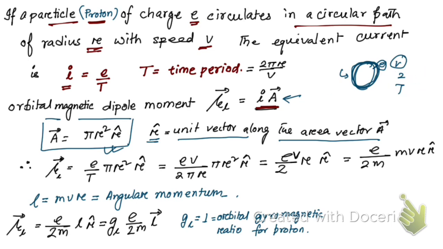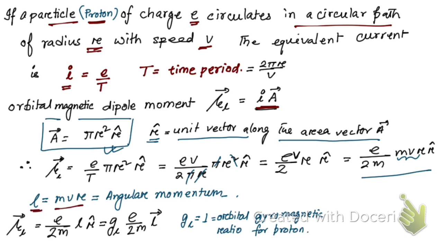Now if we simplify, pi cancels and r square gives r. Now let's multiply m with the numerator and denominator, and we get this result. So mvr is the angular momentum L, and the angular momentum vector is written as mvr r cap.